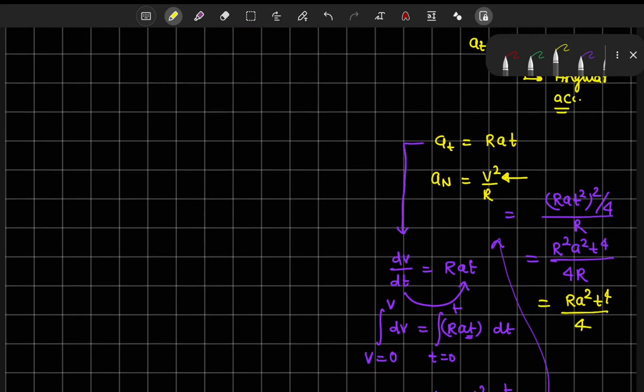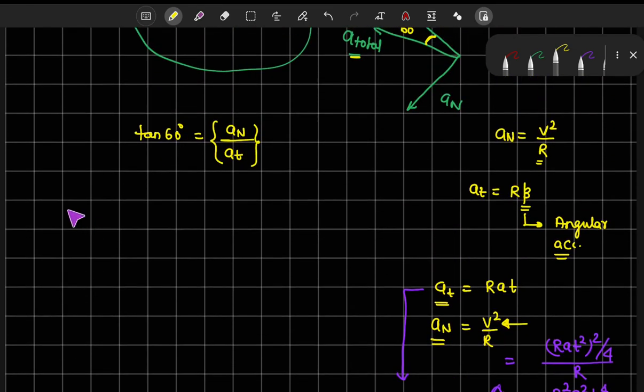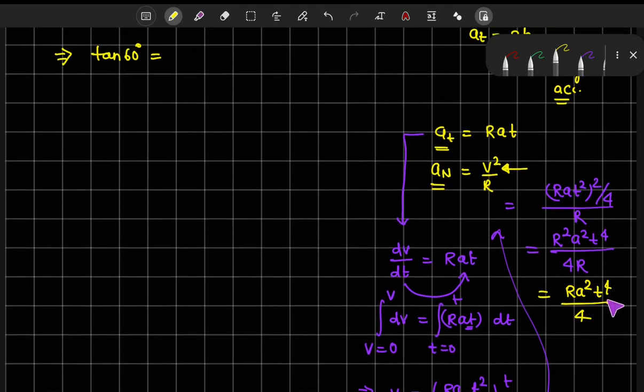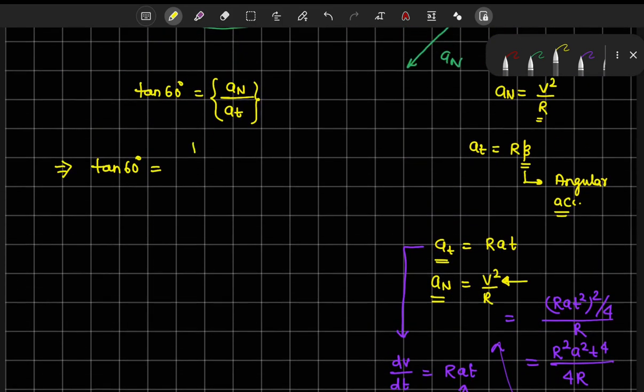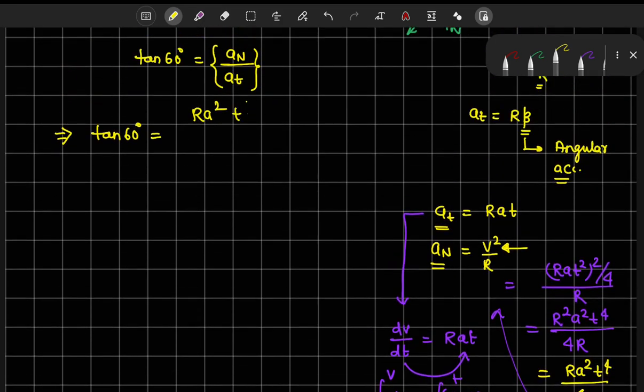Let us substitute the values of normal acceleration and tangential acceleration here. So we can write tan 60 degrees equals a_n, which is r a square t to the power 4 by 4, divided by a_t, which is r a t. Here r will get cancelled, a will get cancelled, and t to the power 4 by t gives t cube.